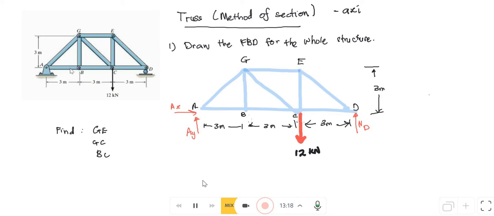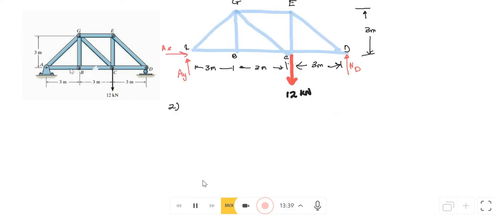So the next thing we need to calculate is the support reactions: AX, the AY value, and also ND, the normal force at D for the roller. So in order for us to solve the problem, the next step is to calculate the support reactions AX, AY, and ND.